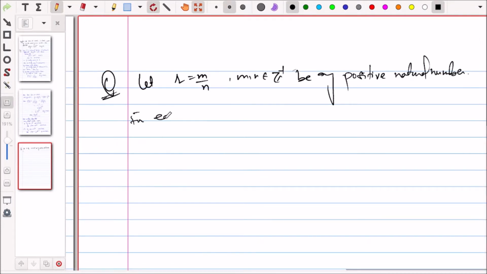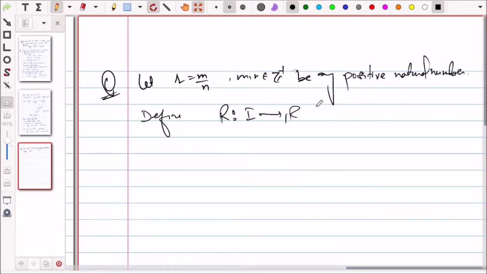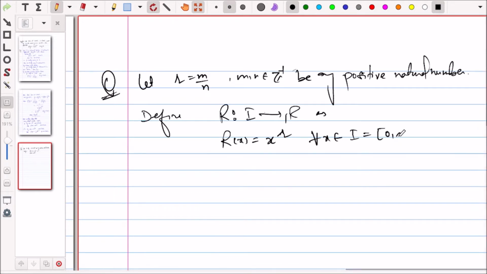For each, define r from I to R as r of x is equal to x to the power r, for all x belonging to I, which is the interval 0 to infinity. So we are taking I to be the interval 0 to infinity. We are working on this now. Okay. Is it fine?